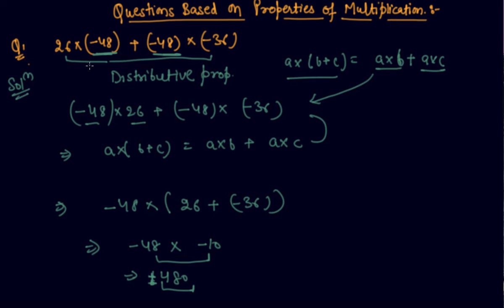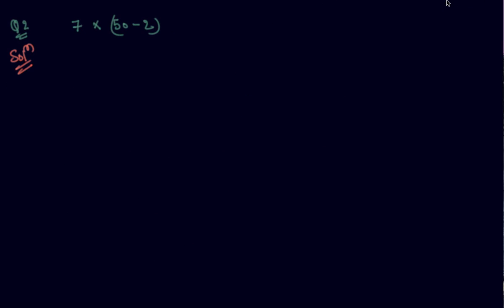Let me write some more examples. So students, here is another example which states 7 into 50 minus 2, and we have to find the value of this. If you think, you will see that this is a distributive property example, which states that A into B plus C would be equal to A into B plus A into C. So let me compare this equation with this.